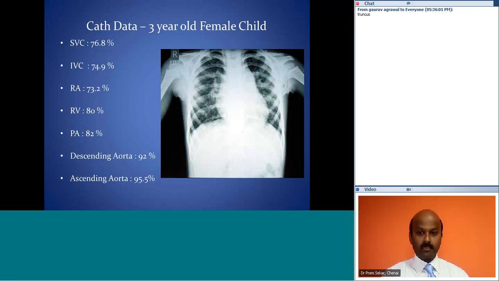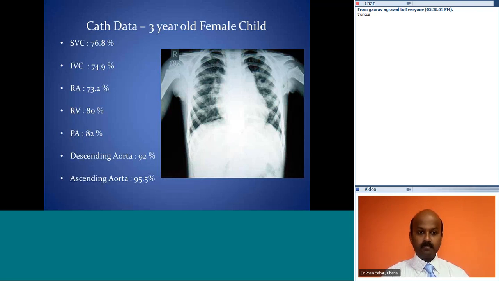So these parameters are indicative of this child having 2 shunts at the post-tricuspid level. The first one at the interventricular level, a VSD, predominantly shunting left to right.